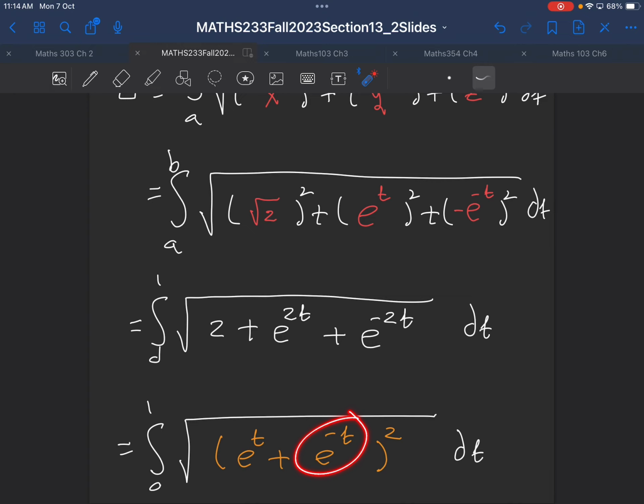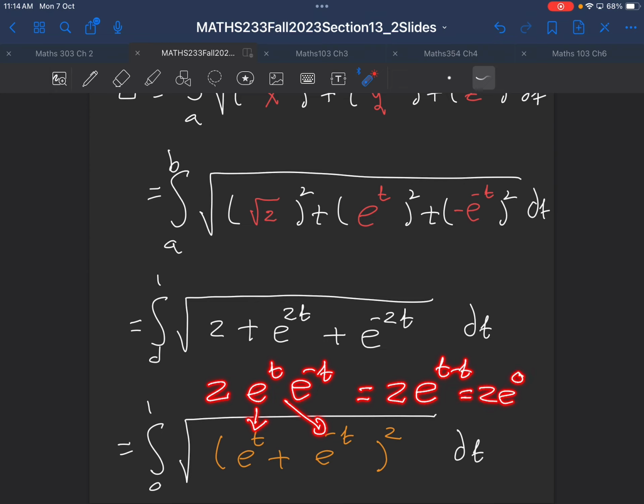If we do the second one squared, that's correct. Now we need to do 2 times the first times the second. This one equals 2e^t e^(-t), which is just 2e^0, which is just 2, and that is 2. So my suspicion is correct. That's how we check if our answer is correct, and that's how we make it a complete square.